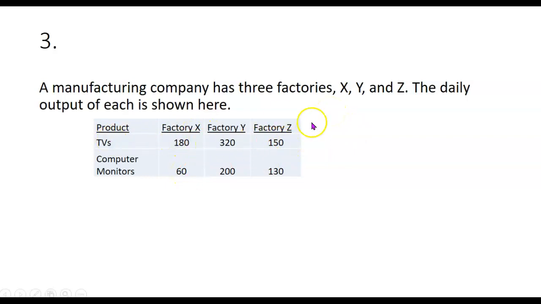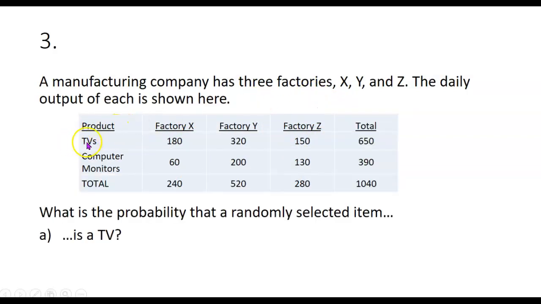And if you add up some of these numbers, there's a total of 650 TVs made at all 3 factories together, and a total of 390 monitors, for a grand total of 1,040 items. That's 240 items from Factory X, plus 520 from Factory Y, plus 280 from Factory Z.